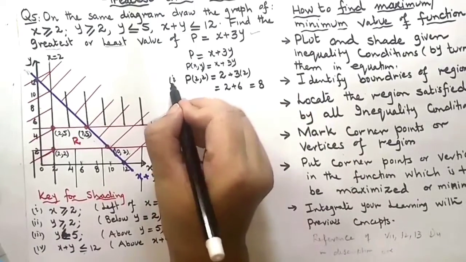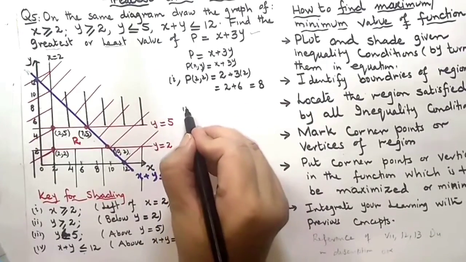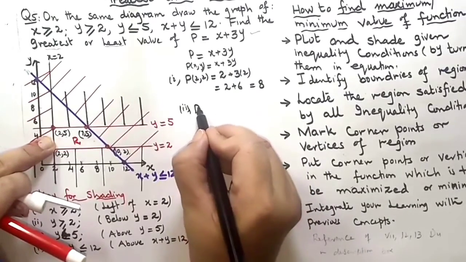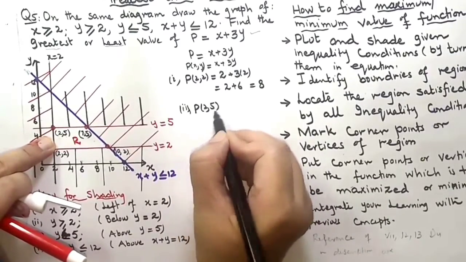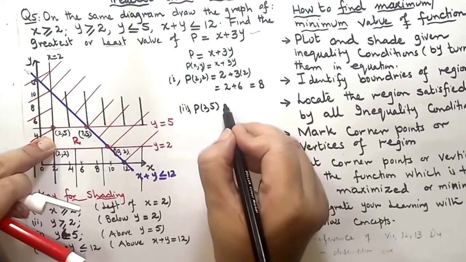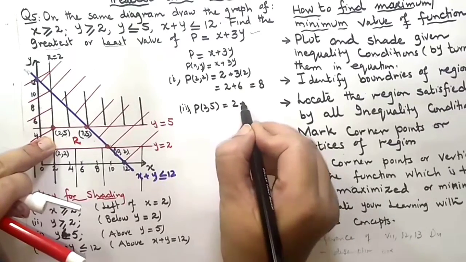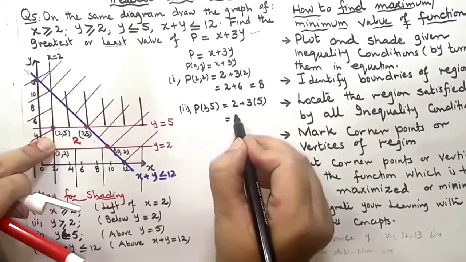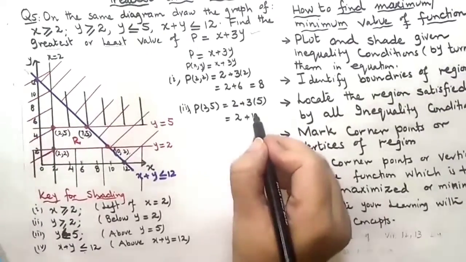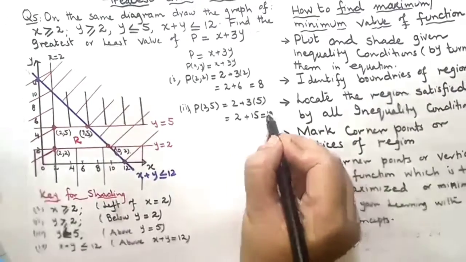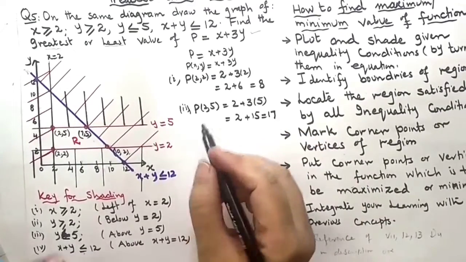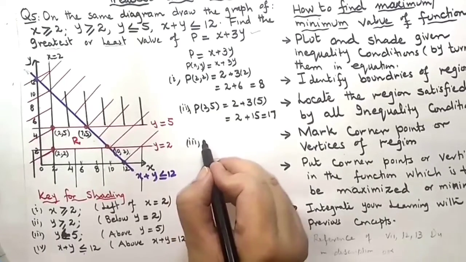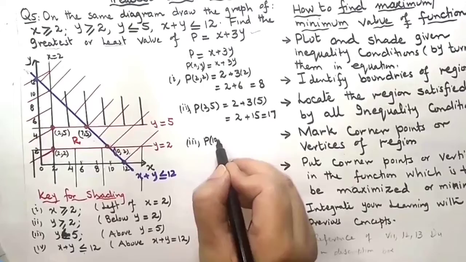The second corner point is 2 with 5, means x value is 2 and y value is 5. This is 2 plus 15, which is equal to 17. And the third corner point, that is 10 with 2.